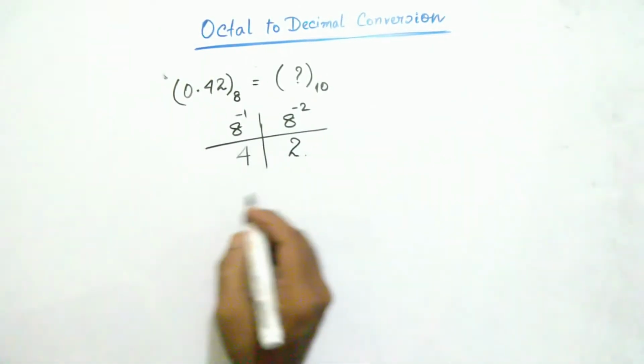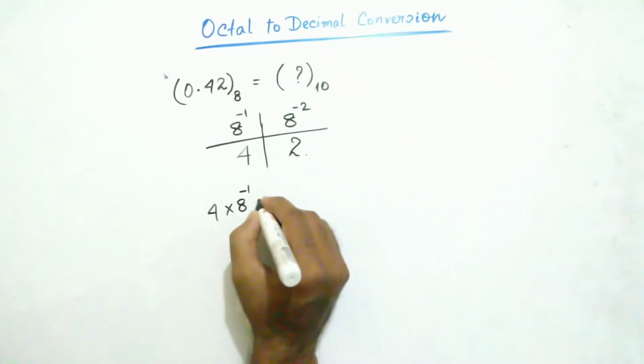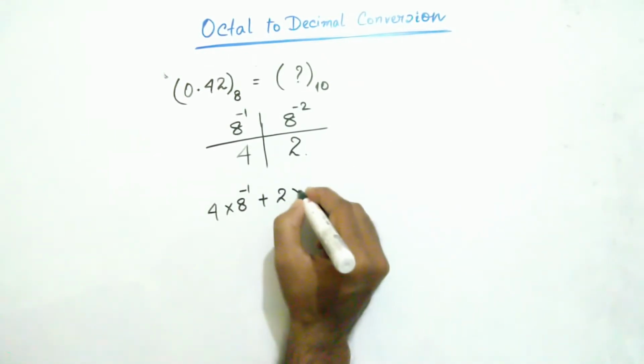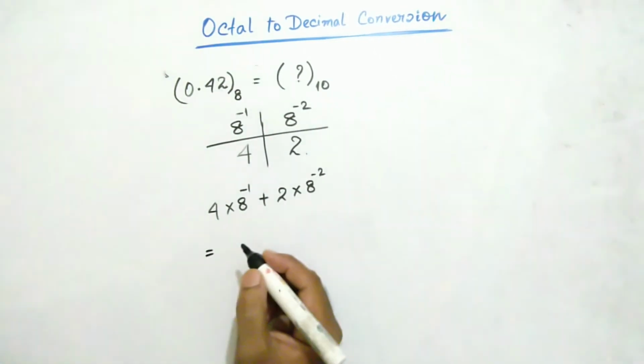After this we are going to multiply each and every digit with their respective positional weightage to get the equivalent decimal number.